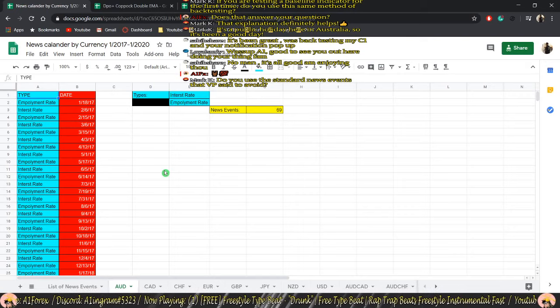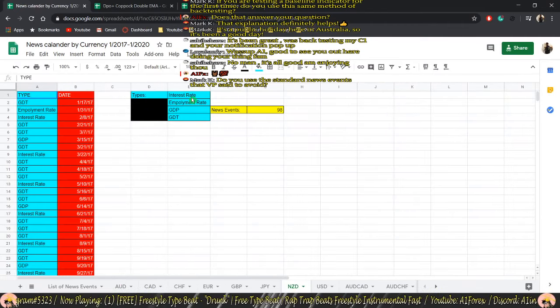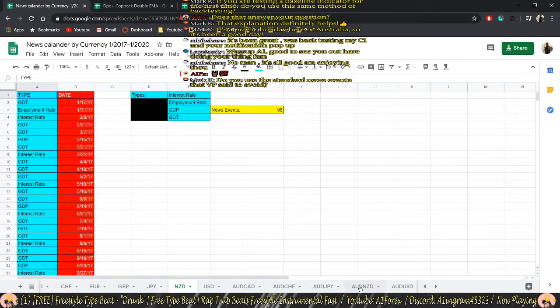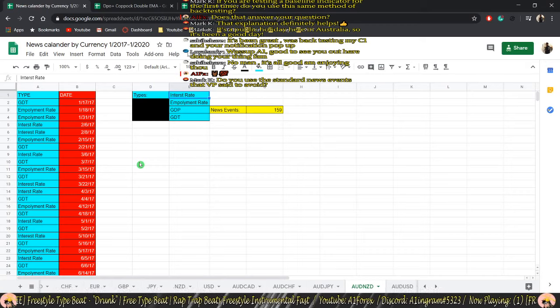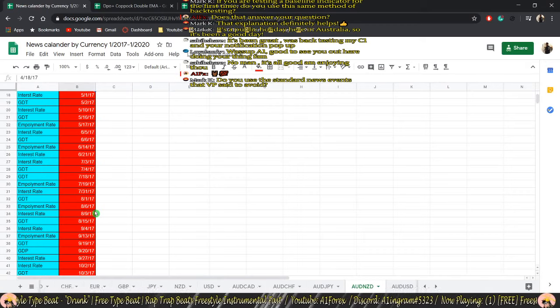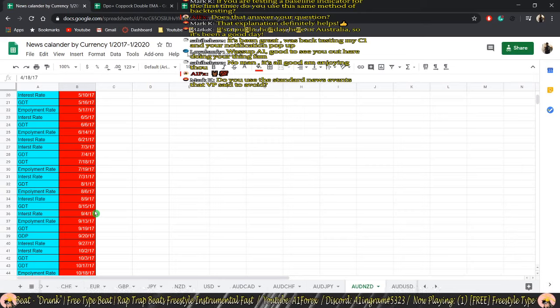So Aussie has the interest rate and unemployment. NZD has those two, same thing, but GDP and GDT. So like I showed you, cross reference it. Boom. And there you go. And Mark K, to get access to this document, all you have to do is get into the private group.